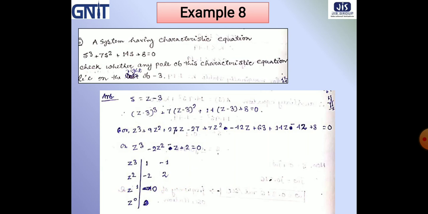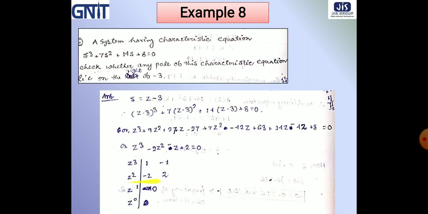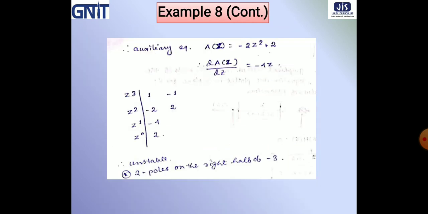If there is a row of 0, then you have to calculate using the coefficients of the previous row of the row of 0. So just write the auxiliary equation A(z) is equal to minus 2z square plus 2. This is our auxiliary equation, and you have to find the derivative of this auxiliary equation, that is dA(z)/dz is equal to minus 4z.